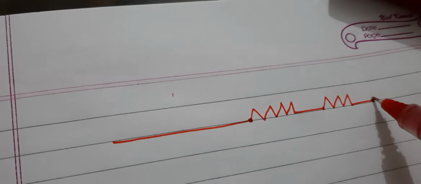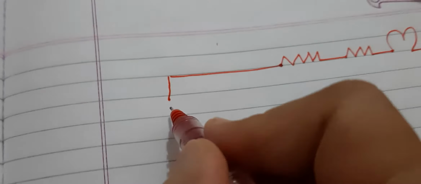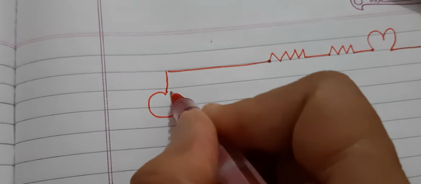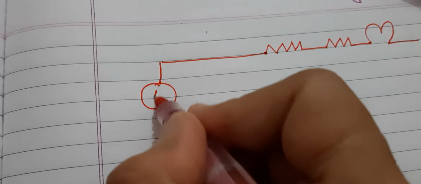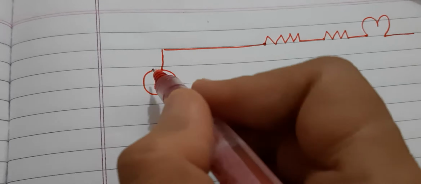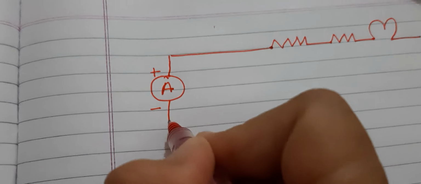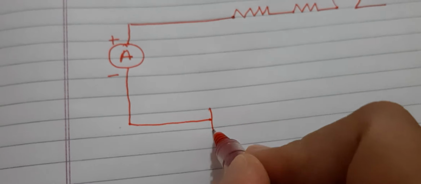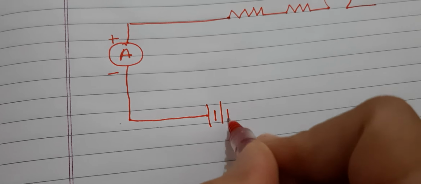For example, suppose we have to draw a circuit. This is the wire in the circuit. Suppose this is the resistor. If we have to take two resistors, then these are the two resistors. One bulb is also there, then we will draw this bulb. Then an ammeter is also required because we want to note down the amount of current. So this is the ammeter. I already told you that it is connected in series. Then here the battery we are connecting.